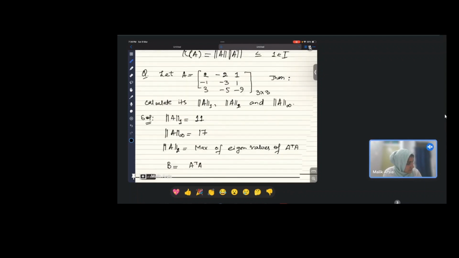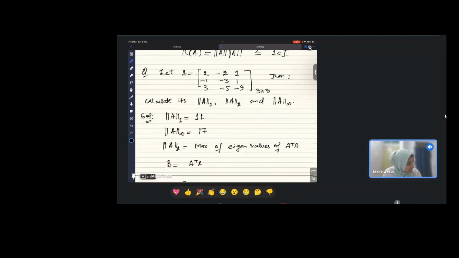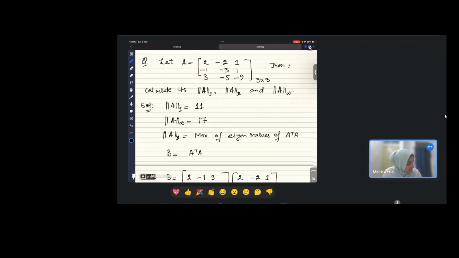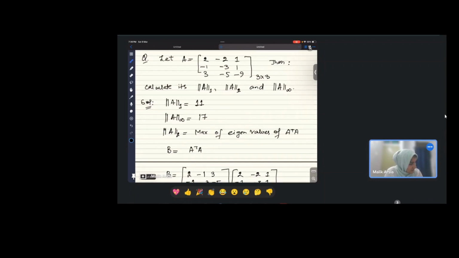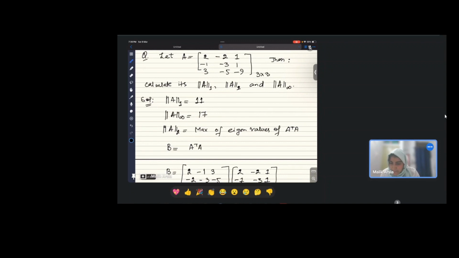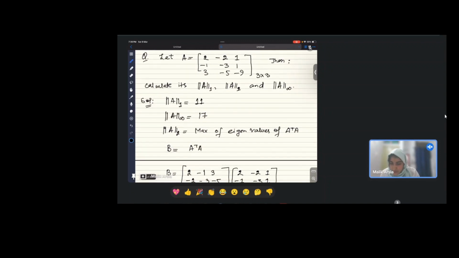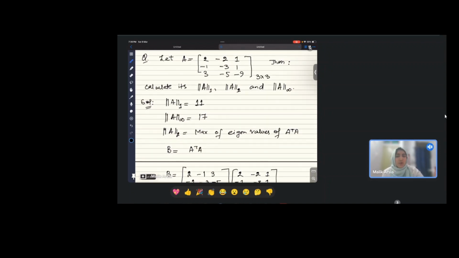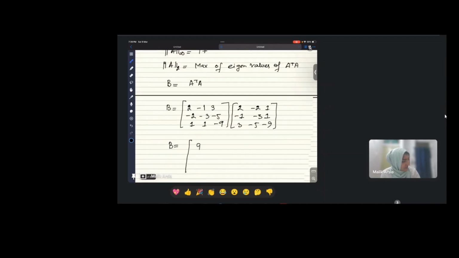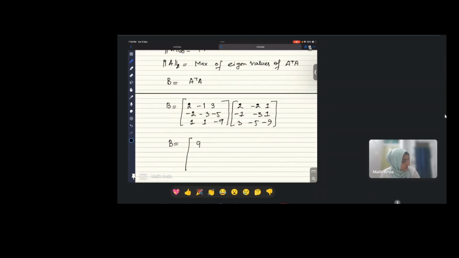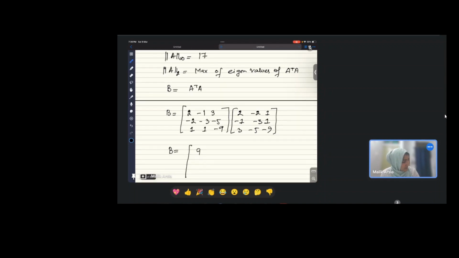I think there is a mistake because I have done it on MATLAB as well. A into A transpose. Are we calculating A transpose correct? Yeah, 2 minus 2, 1. You keep on doing your solution, and let's figure out if we are making some mistake here. 2 plus 1 is 3, which is a 9.